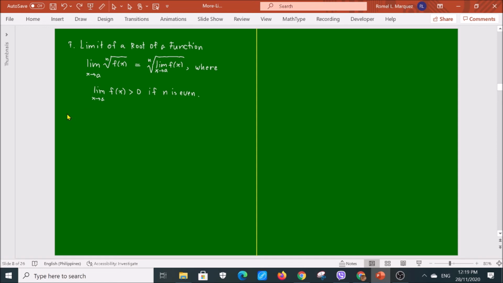Evaluate the following. We're going to begin, by the way, with evaluation of limits, those dealing with limits without problems, no?